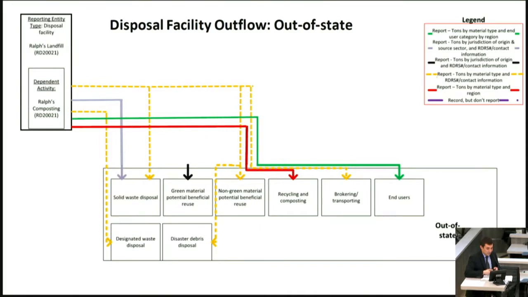So we've got this disposal facility with the complex site that is reporting for Ralph's Composting. If Ralph's Composting produced residuals, meaning solid waste, they would need to account for that as a direct hauled inflow into the facility.